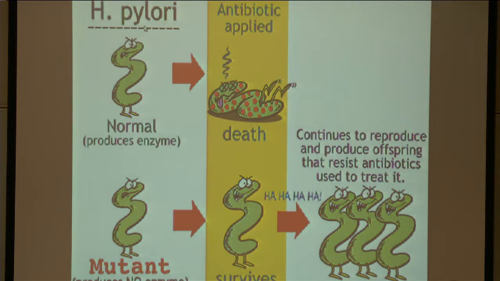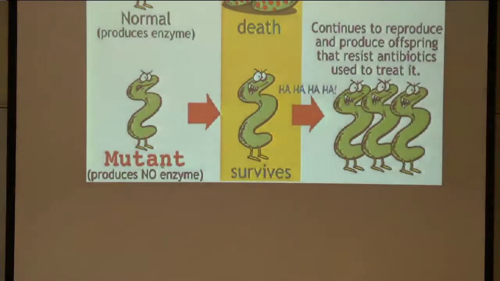But here, you see the bacteria. Okay, so normal bacteria produces some type of an enzyme, whatever it is. Well, there's an antibiotic that targets that enzyme. So as long as the bacteria is producing that enzyme, the antibiotic kills the bacteria. Great. Scientists in the lab designed the antibiotic to target that enzyme to kill the bacteria. All right, but now what if you have a mutant strain of Helicobacter pylori?